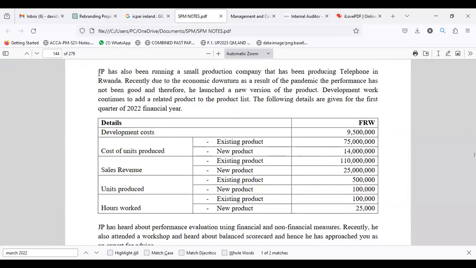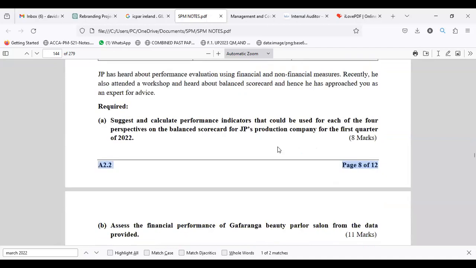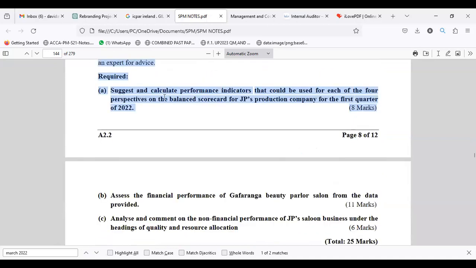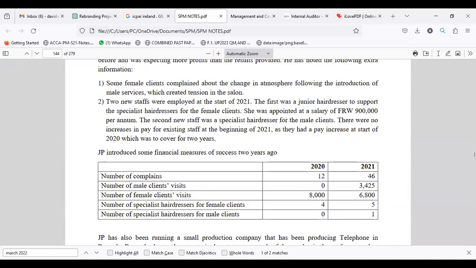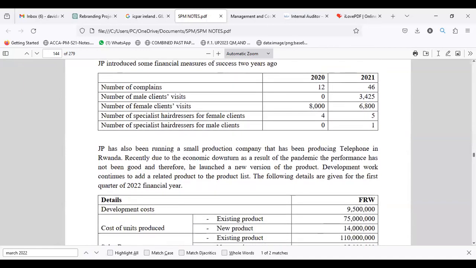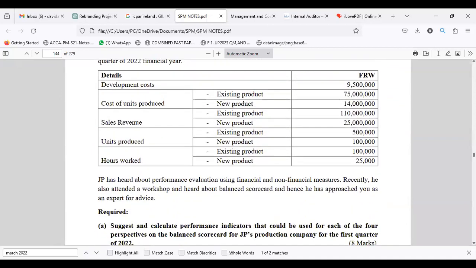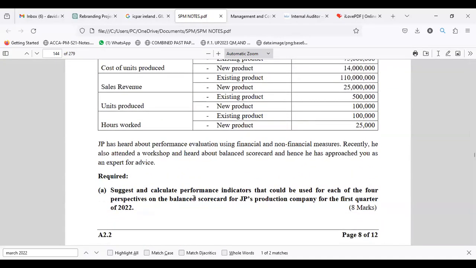Starting from this paragraph here, it connected to the balanced scorecard, and it is asked down here. So that's what they tested for the students to deal with. But here you needed a little bit of calculation to explain, because it says suggest and calculate performance indicators that could be used for each of the four perspectives on the balanced scorecard. And that's what they asked the students to deal with.